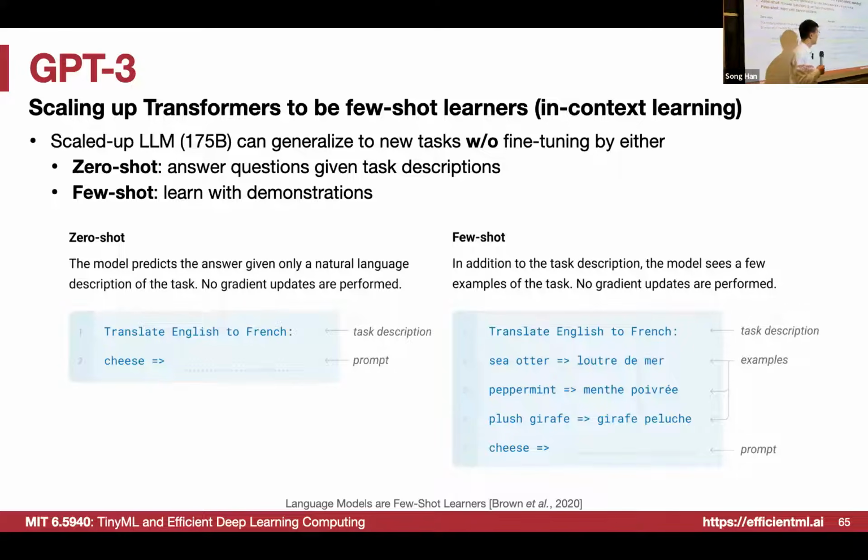Very good. We can actually add a few more examples to improve the quality. In addition to the task description, we also see a few examples of the task. Like here we have 3 translation examples together with the task description, translate English to French. And then we feed it a new prompt and it will soon give you a good answer.